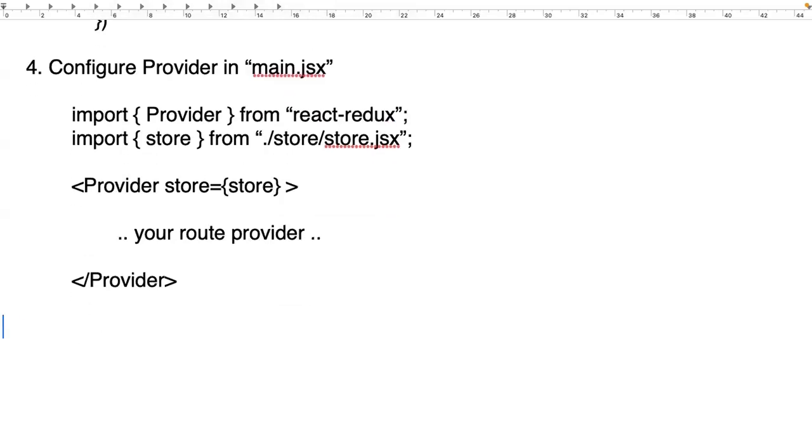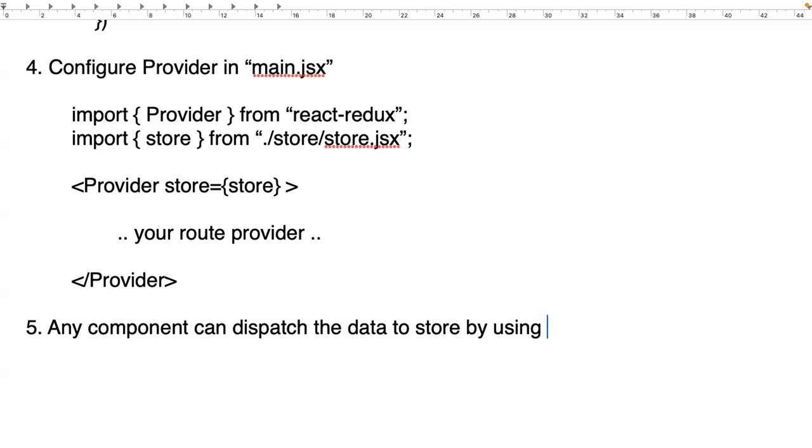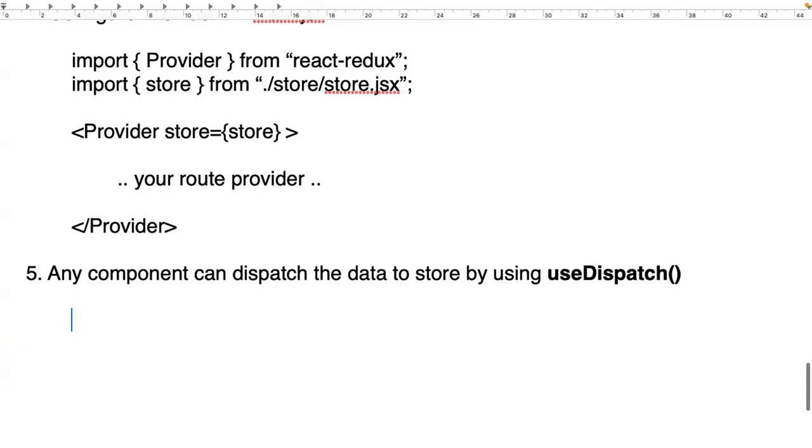So next, once you define this, from any component you can dispatch the data. It will be stored in the store. So any component can dispatch the data to the store by using useDispatch. We define let dispatch equal to useDispatch.